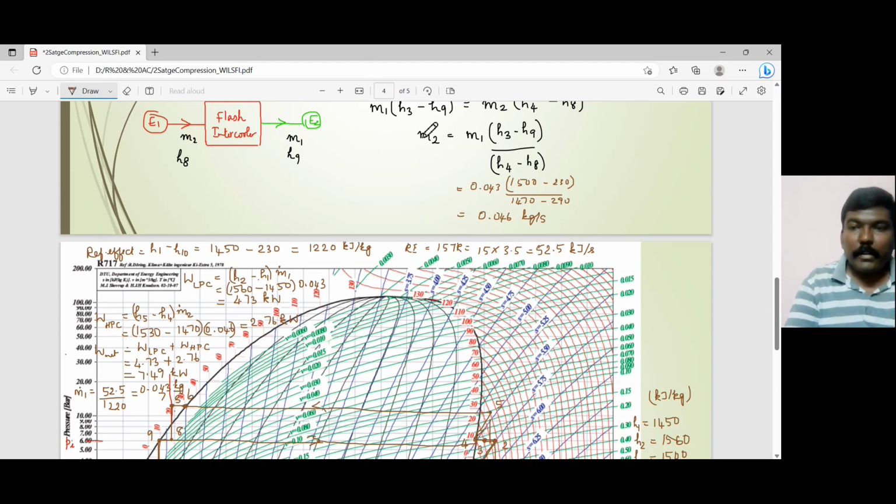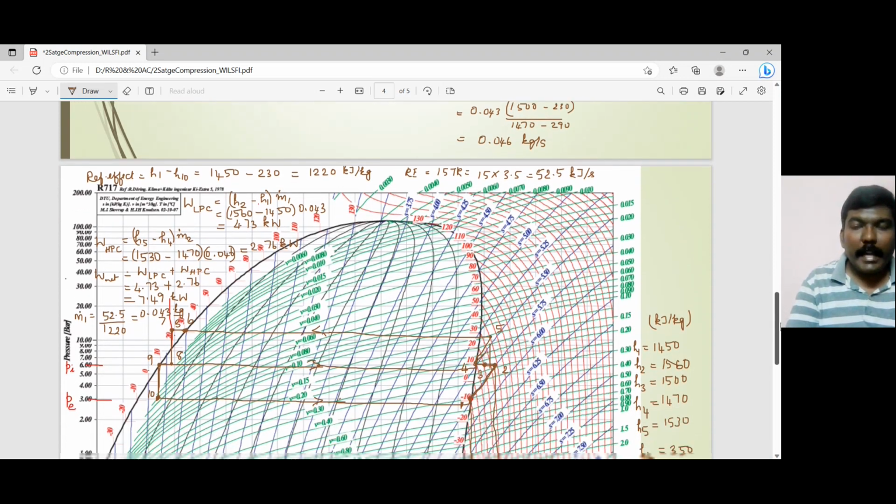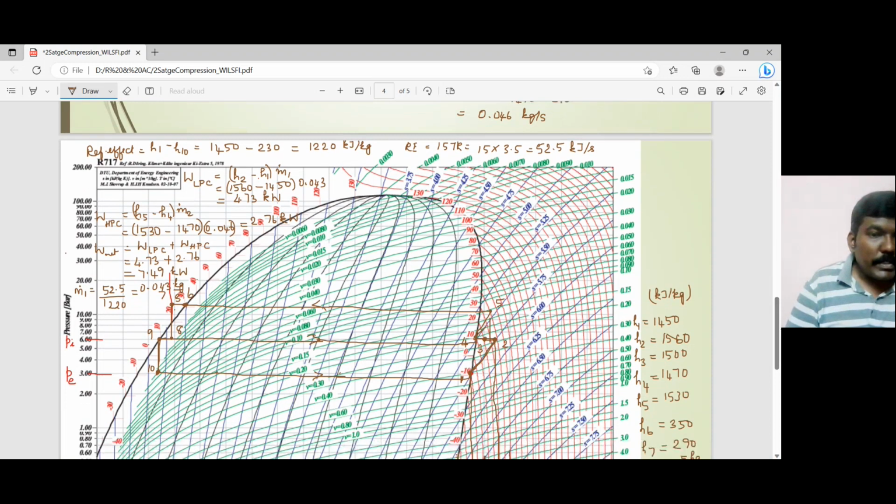So 52.5 is the refrigeration effect and 7.49 is the work input. So it's a pretty good refrigeration system then. COP is refrigeration effect divided by work input.